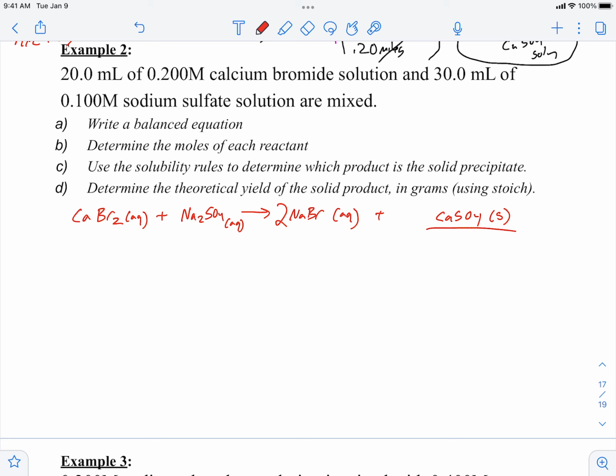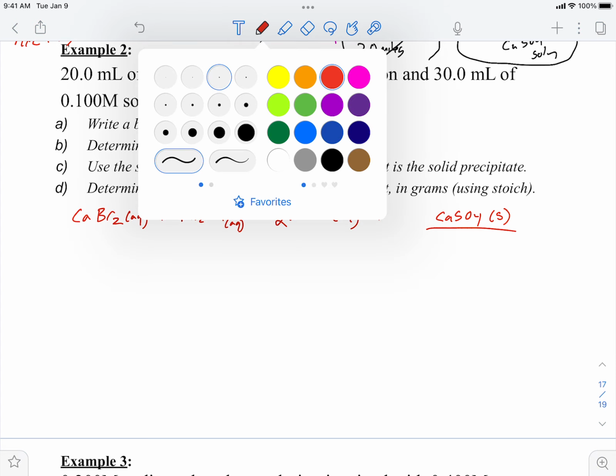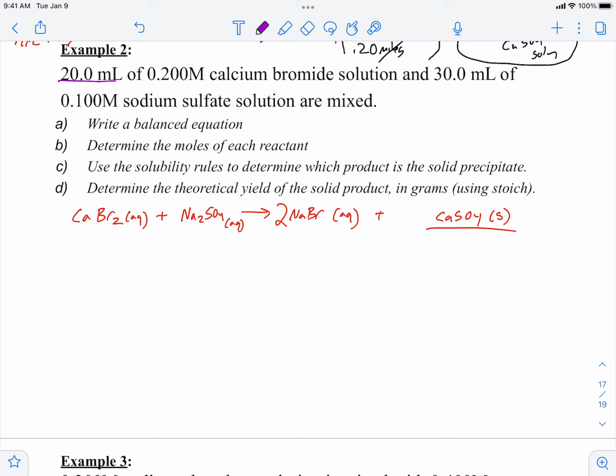We need to figure out how many moles we have. Okay, I've got volume and molarity of calcium bromide, I've got volume and molarity of sodium sulfate, so let's do both. So, we'll make this guy purple. Okay, got my moles of calcium bromide, it's 0.004.